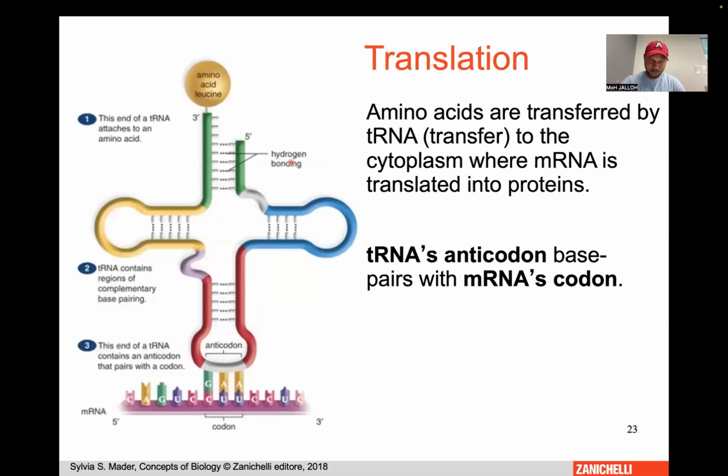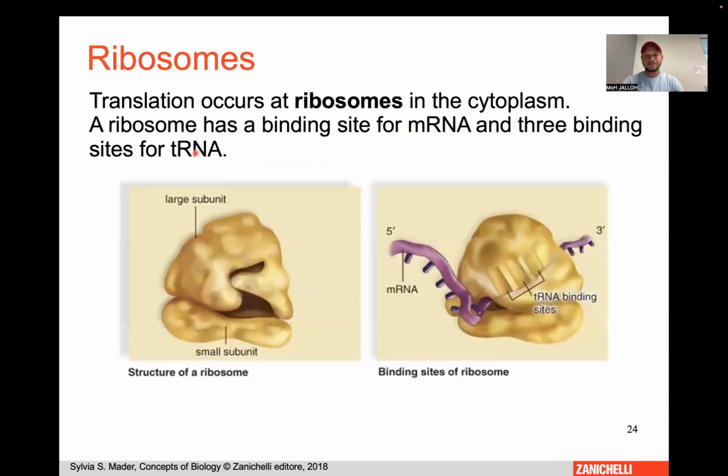The tRNA is the one that is responsible to bring the amino acid to the mRNA and then convert those nucleotides to an amino acid. We have the ribosome. We have the small and large unit. We have the prokaryotic and the eukaryotic ribosomes, right? They are different. We have one which is an 80S and the other one is a 70S. So we'll discuss them also in detail.